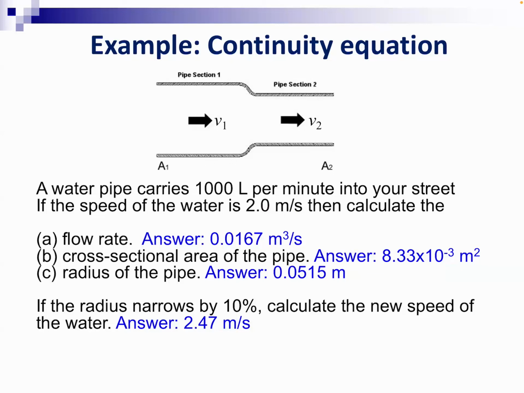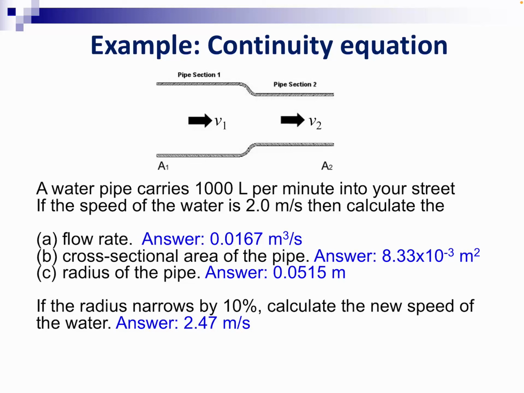And we want to calculate some quantities here. Right? So we want to calculate the flow rate, the cross-sectional area of the pipe, and the radius of the pipe. And then you have here a follow-up question: what happens if the pipe's radius narrows by 10%? Okay, so let's see how we'll solve these questions here.